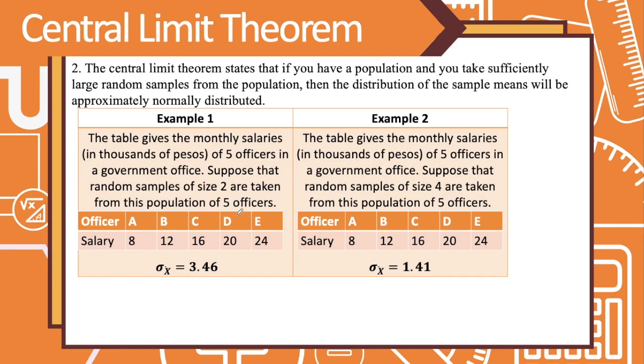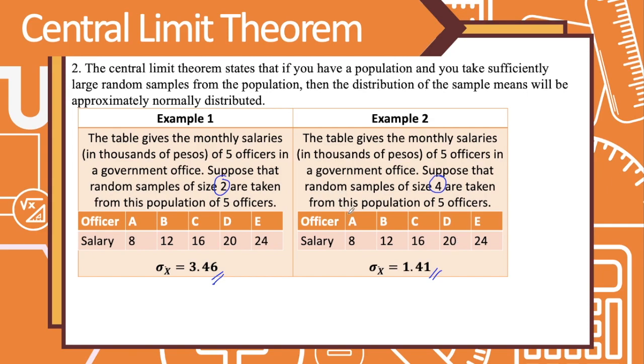So look at the standard deviation that we got from the first example and in the second example. Sa first example natin, wherein we only get 2 samples from the population, we have a bigger standard deviation. And then, sa pangalawang example, where our sample size is bigger compared to the first one, our standard deviation is smaller. And it is always like that.